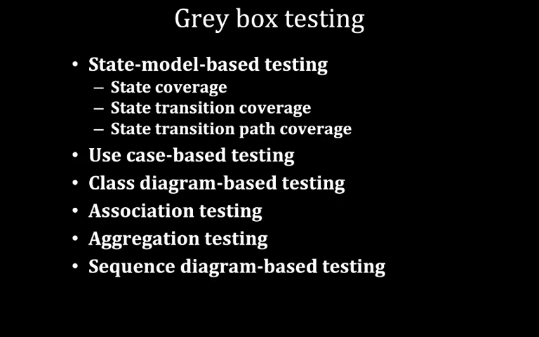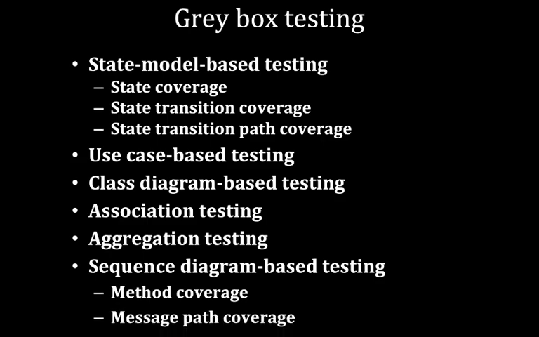Then there is sequence diagram based testing. In sequence diagram based testing, we have method coverage. We will check whether all the methods in the sequence diagrams are covered. Then we have message path coverage testing, in which all the message paths that can be constructed from the sequence diagram are covered. So these are some of the gray box testing.